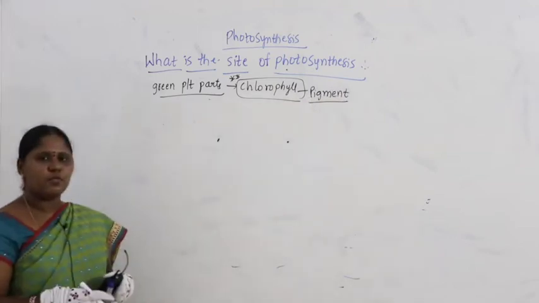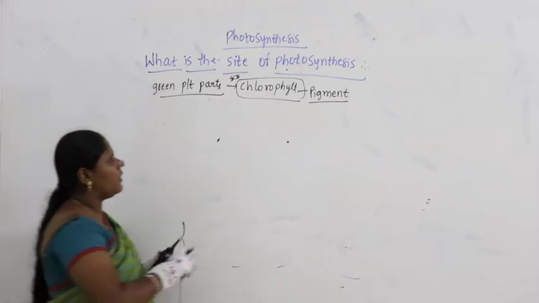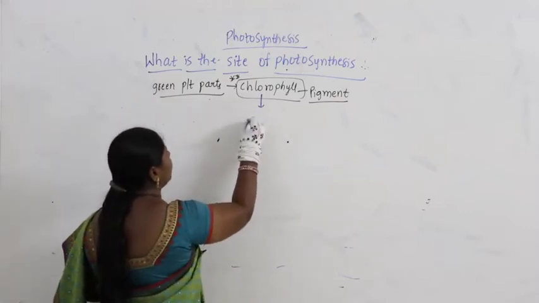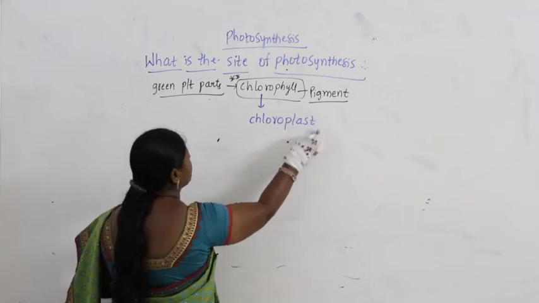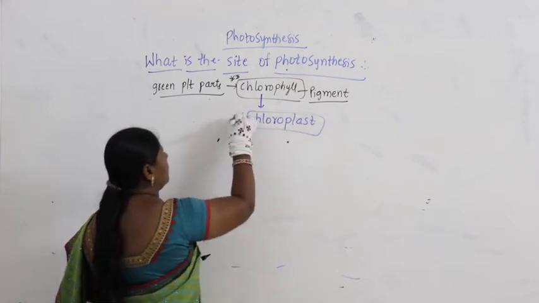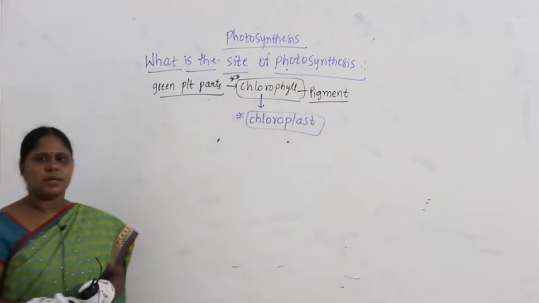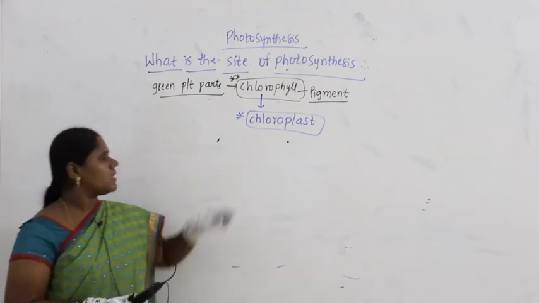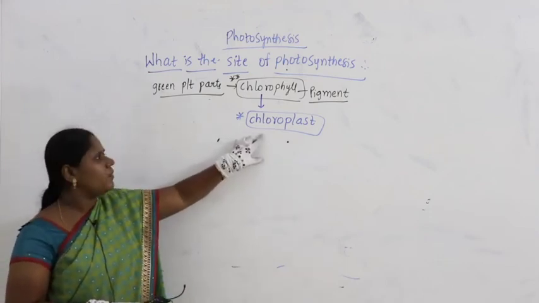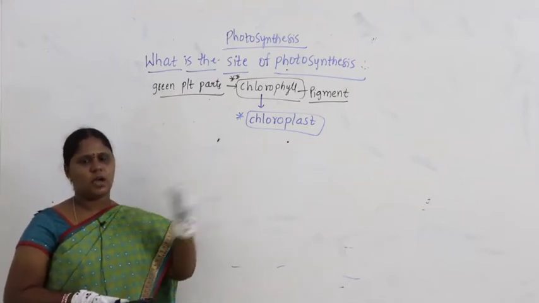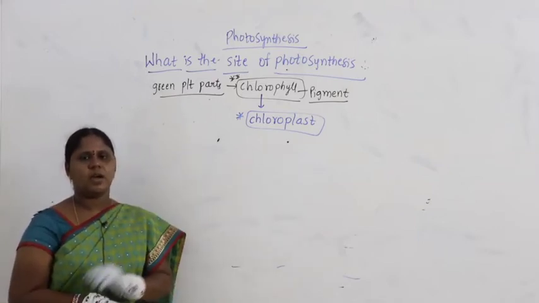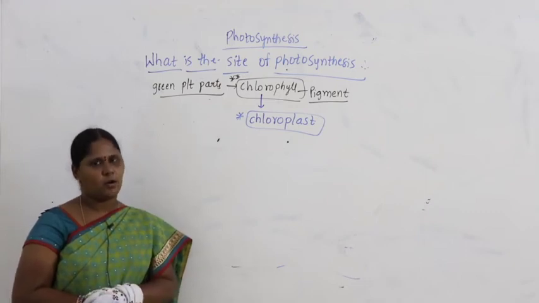Now this chlorophyll occurs where? You know it very well, the chlorophyll is found in the cell organelle called chloroplast. In the first year cytology we studied the structure of the chloroplast, how thylakoids are arranged one above the other and how they form the grana, right.